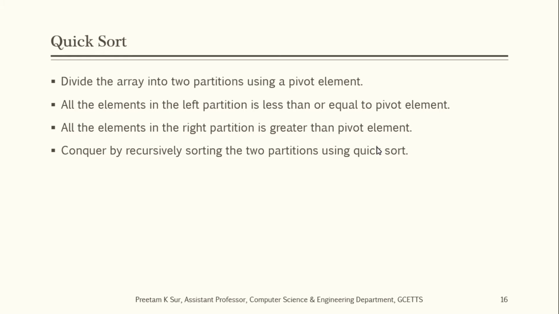Okay, so how is it done in the conquer step? When we find a pivot element and place it in a way that all the elements on the left are less than or equal to the pivot element, and all the elements on the right are greater than the pivot element, it means the pivot element is in the position where it should be when the array is sorted, right?